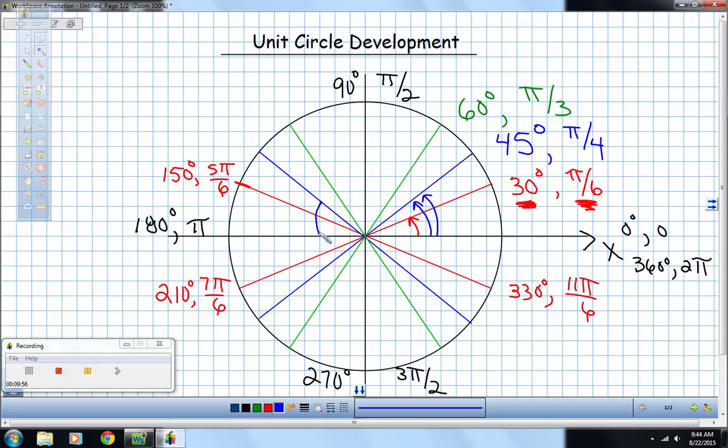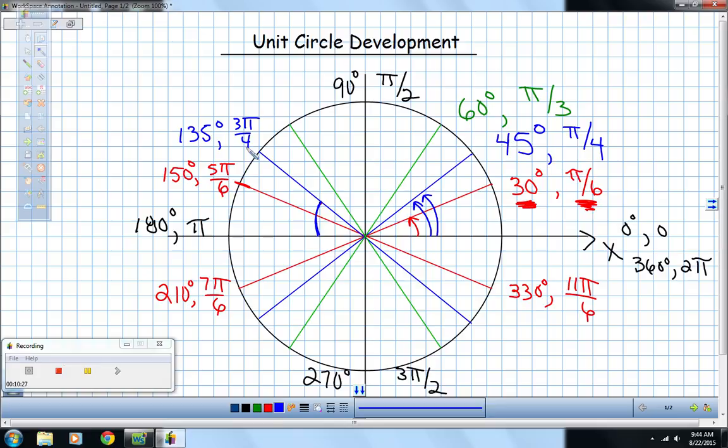So that means I am 45 degrees away from 180, or I am at 135 degrees. I'm doing this one; I'm going to see if you can get the one in the third quadrant. Likewise, in radians, if I am pi over 4 away from pi, then that means I am at 3 pi over 4 radians.